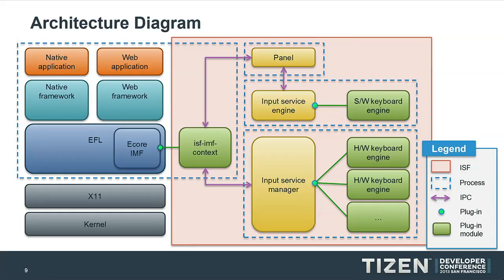input service framework that is shown on the right side. There is a big bounding box representing the boundary of the ISF. ISF is a shorter term for input service framework. And you can notice that there are three major processes: the panel process, the input service engine process, and the input service manager process.